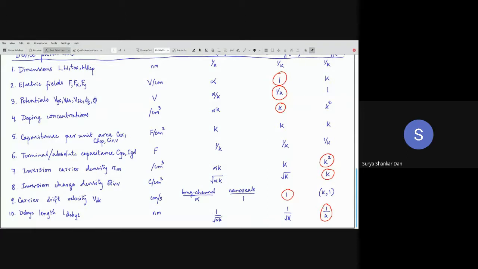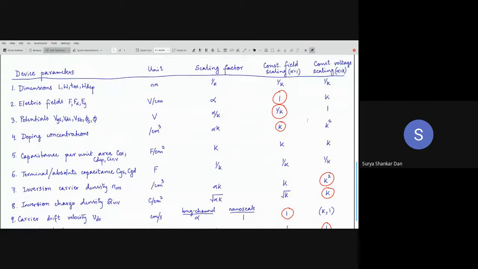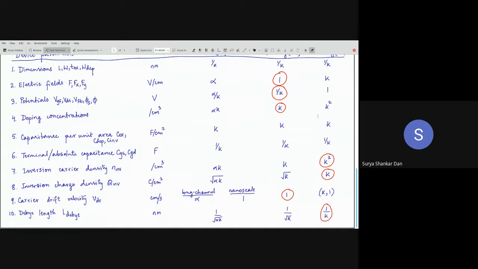If we consider the two scaling mechanisms, constant field scaling and constant voltage scaling, you will always notice that some points are better in voltage scaling and some points are better in constant field scaling. If the Debye length is smaller, that is an advantage, right? Because instead of 1 upon root over k, if it is 1 upon k, 1 upon k is going to be smaller.